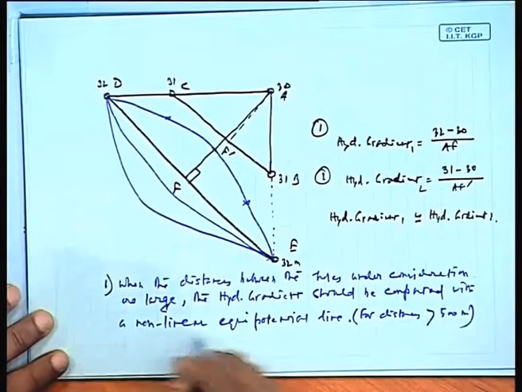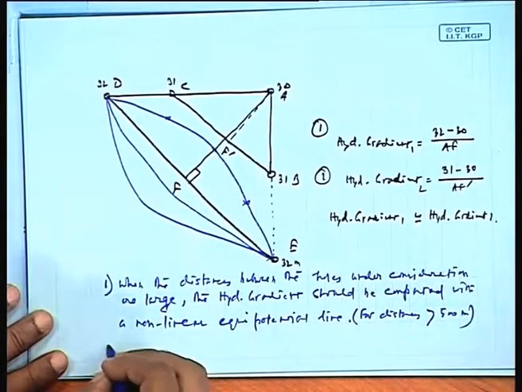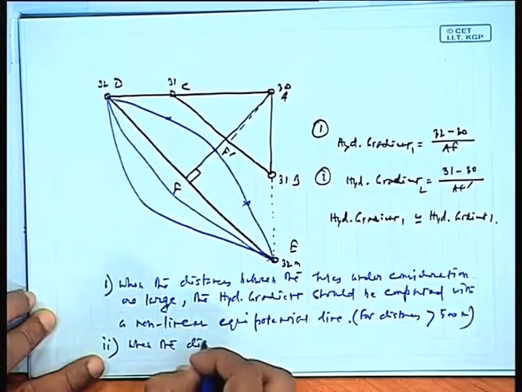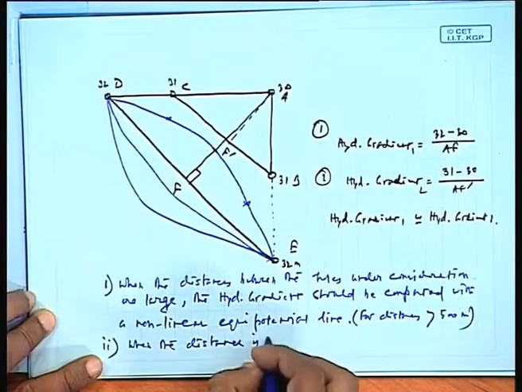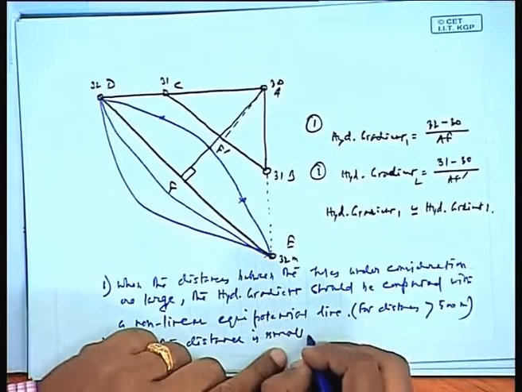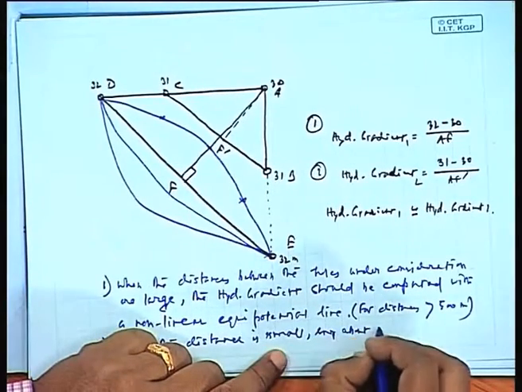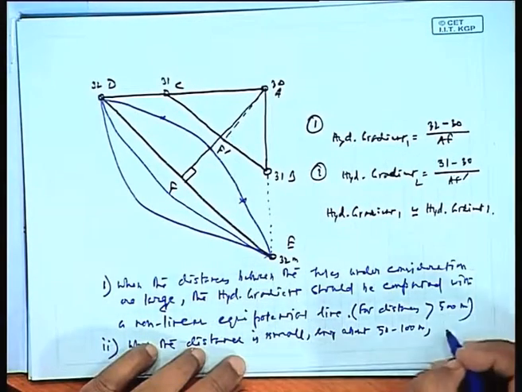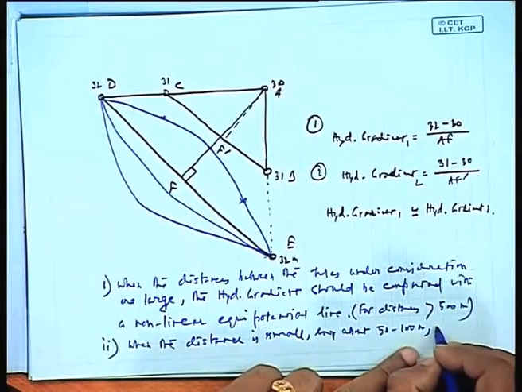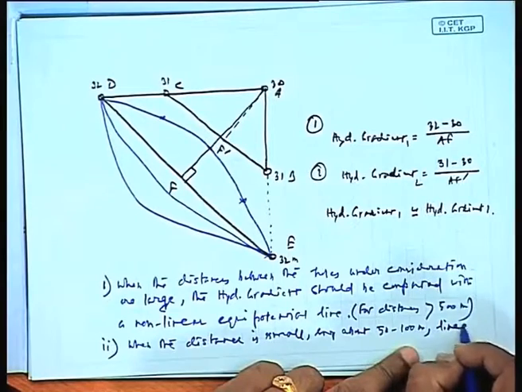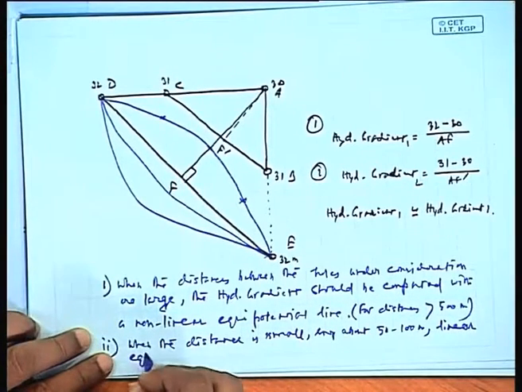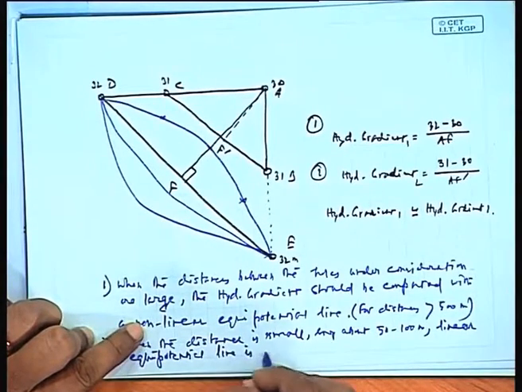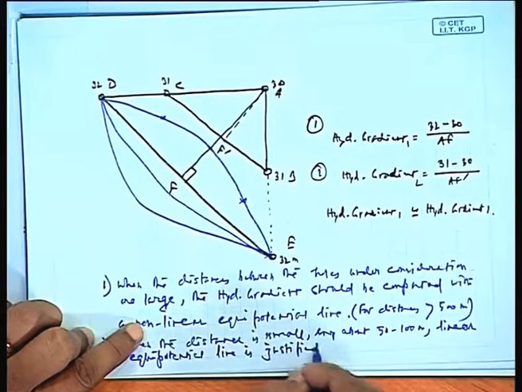Otherwise, when the distance is small, say about 50 to 100 meters, a linear equipotential line is justified.